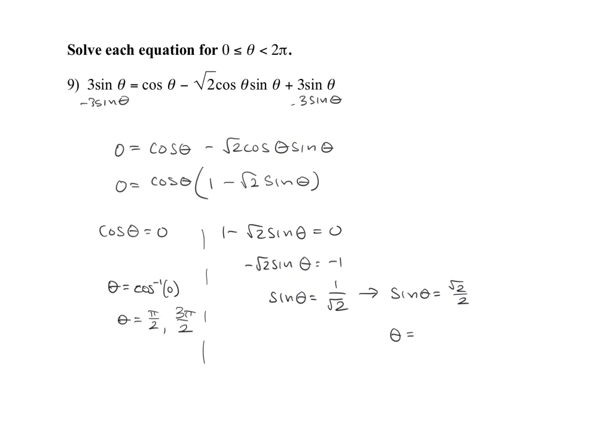And then inverse sine on both sides. So on the unit circle, the inverse sine is equal to root 2 over 2 at pi fourths. And 3 pi fourths.